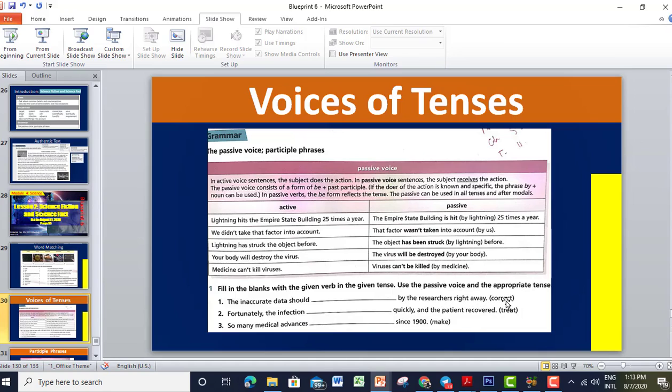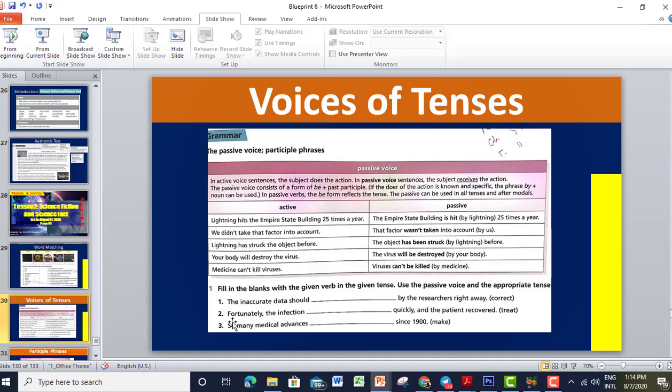We use the word correct. So what are you going to fill in here, everyone? The answer is, because we use the modal verb, don't forget to use be here. The inaccurate data should be corrected by the researchers right away.